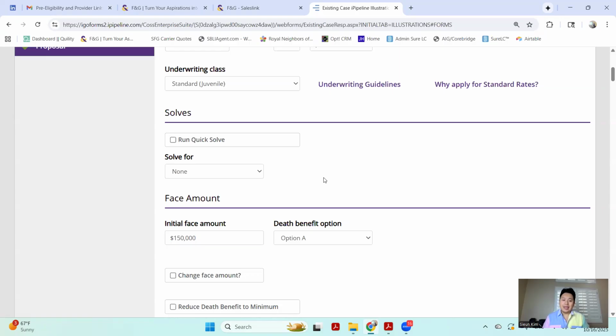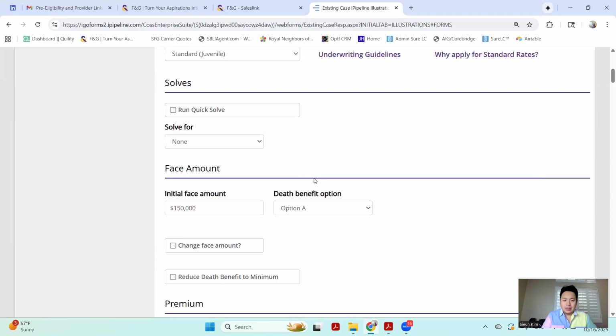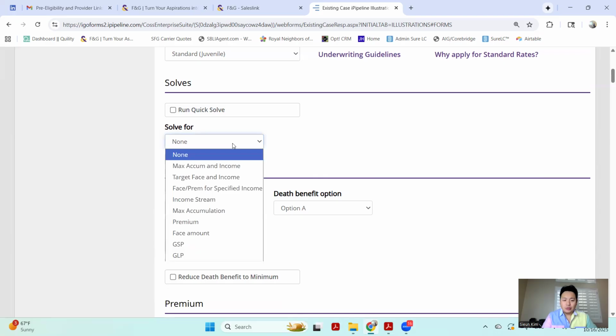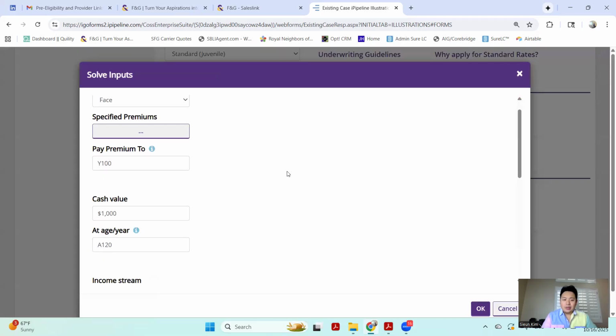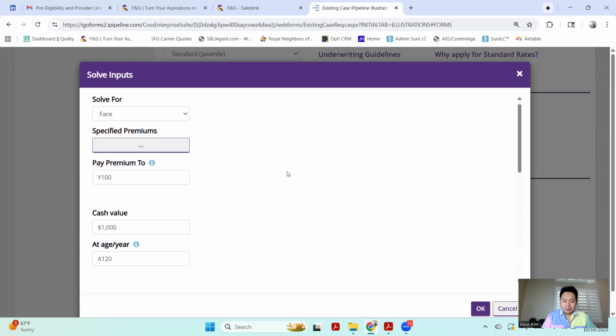So I'm going to show you today, if the parent wanted to set this child up for a future, what kind of illustration can you do to maximize the growth? Okay. So first thing, I recommend you do a max accumulation and income solve. The reason why I do that is it gives you a good guideline.